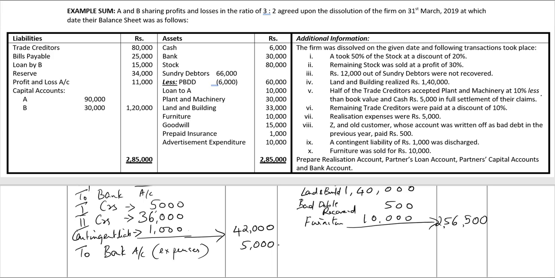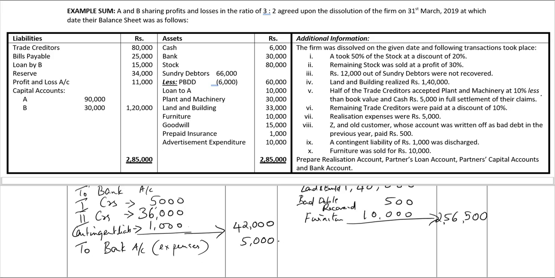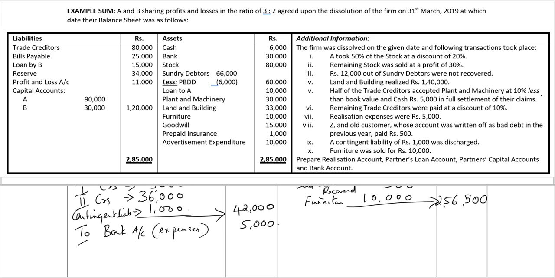The creditors has been paid off. It's been discharged. However, the bills payable has not been dealt with. So we'll pay off the bills payable at book value. So to bank account for bills payable, book value is 25,000 rupees.